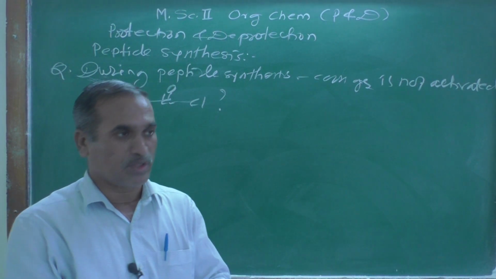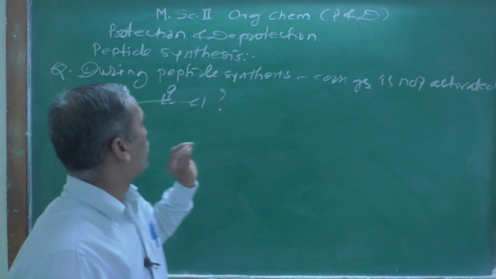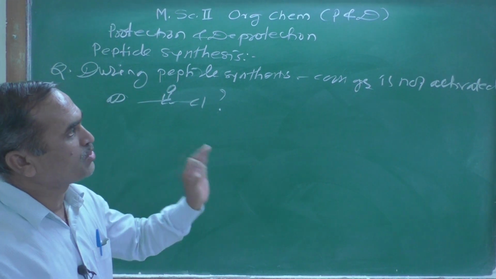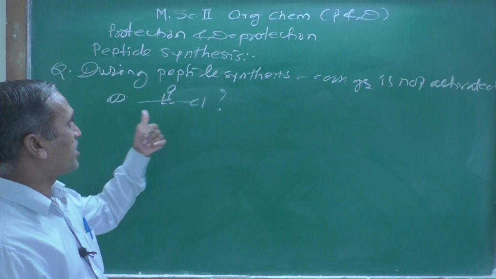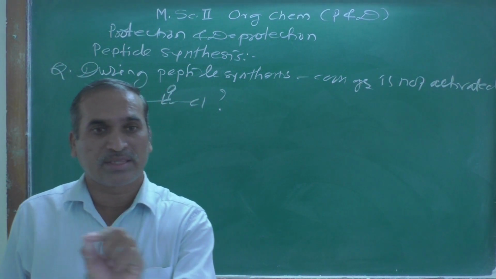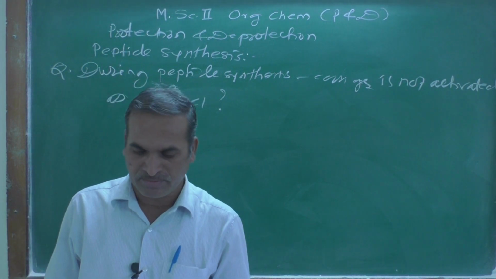And as we know, there are 3 key points, or key differences, why during peptide synthesis the COOH group is not activated as C double bond O Cl.